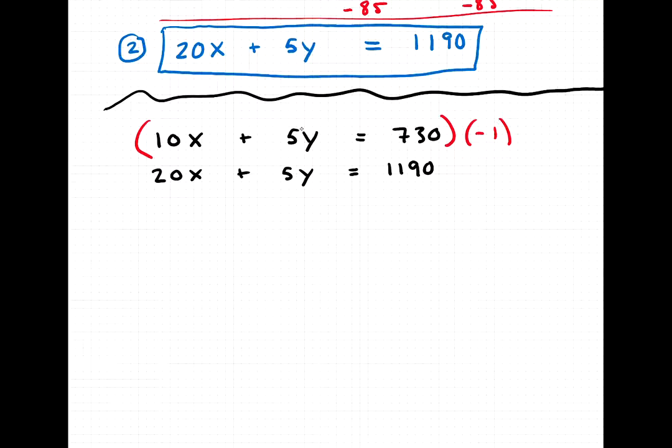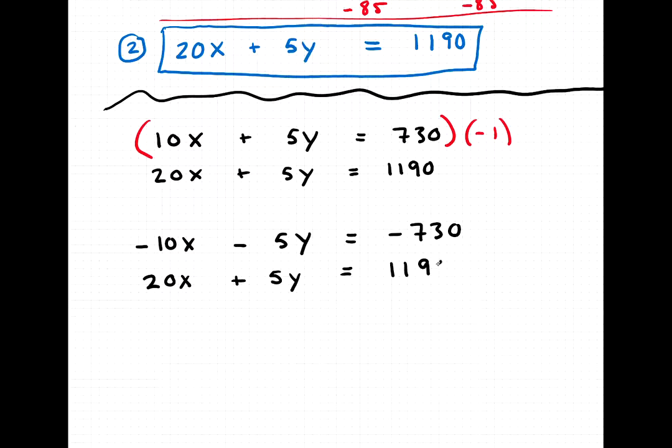That way we could change this positive 5y into a negative 5y. So our first equation becomes negative 10x minus 5y is equal to negative 730. And the second equation stays 20x plus 5y is equal to 1190. Okay, now this is what we want for elimination. One of the variables, in this case the y, are equal and opposite.